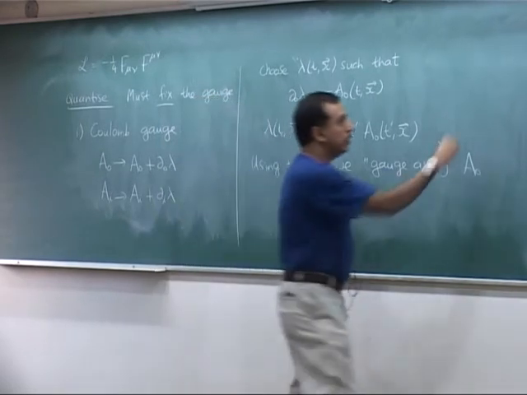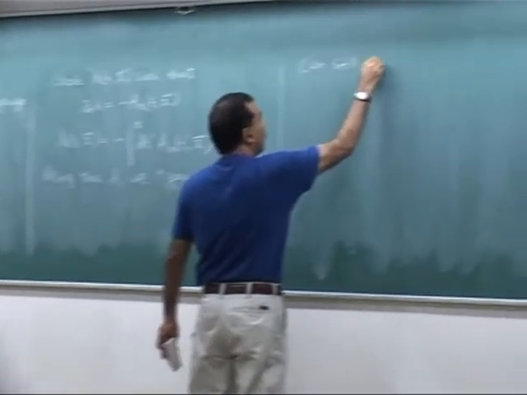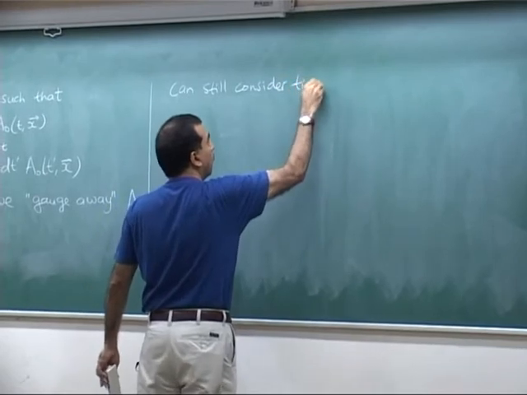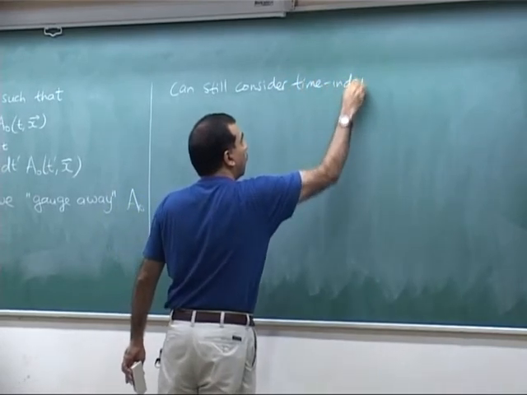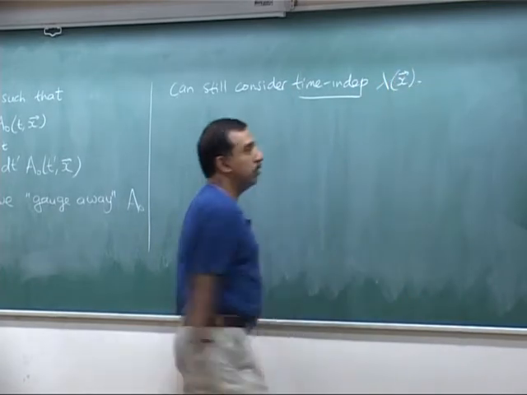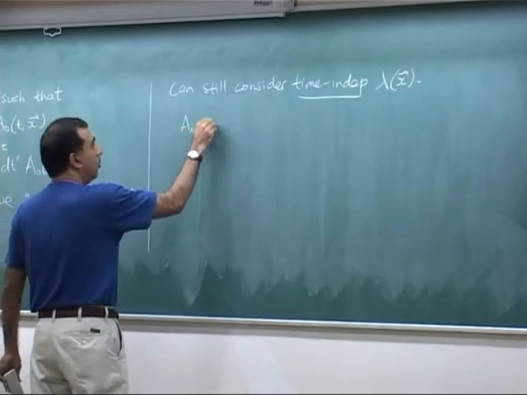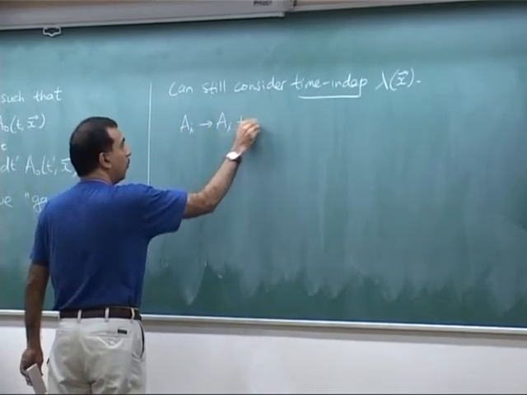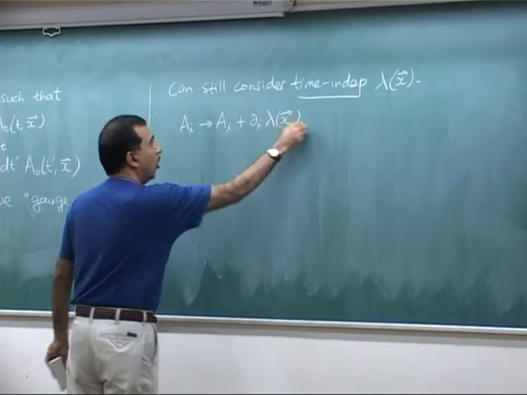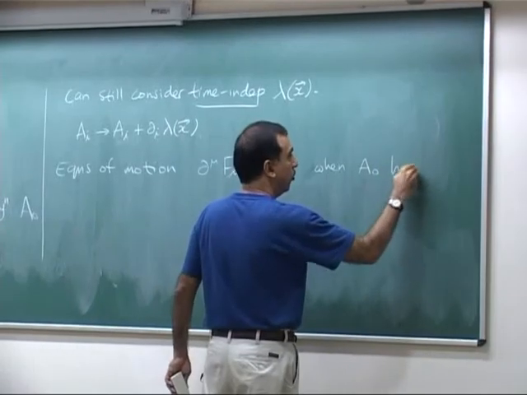So, but I can still consider time independent lambda. So only of x, doesn't depend on t. Okay, and I can still send Ai to Ai plus del i of lambda of x, since A0 has been set to 0.